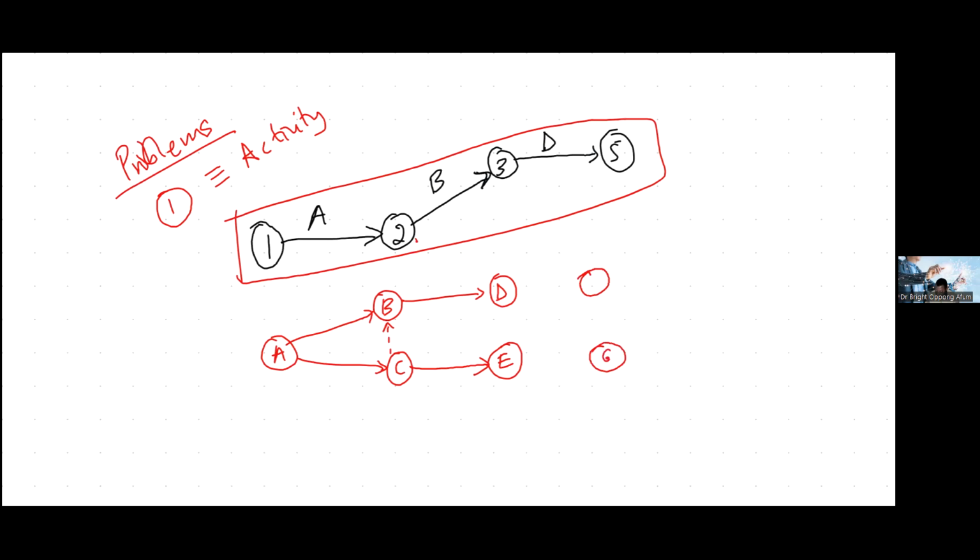It doesn't matter how you do this, but later on you'll see. D is followed by F and preceded by B. E is followed by F and G, preceded by only C. So this is correct. Then F is followed by H, preceded by E and D.